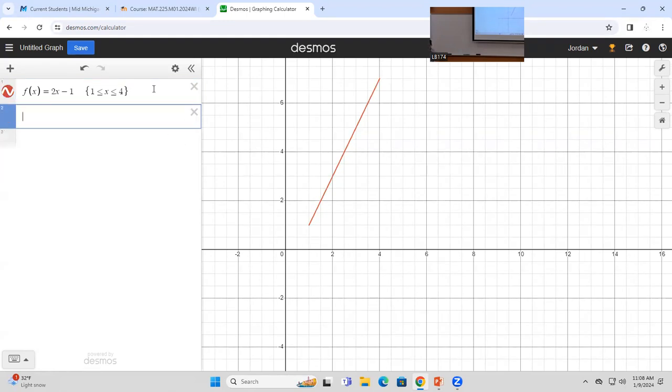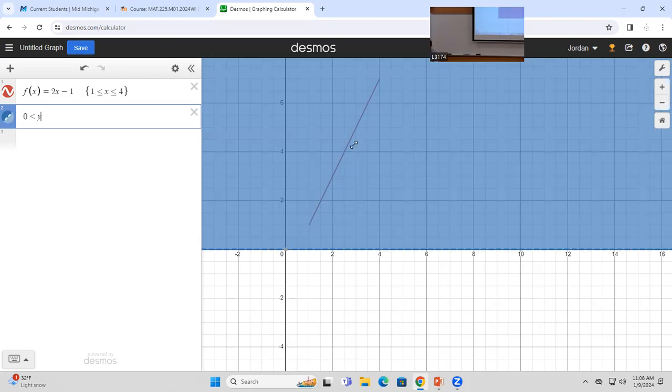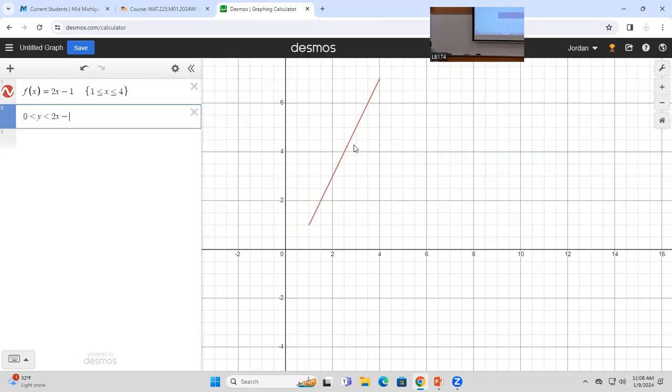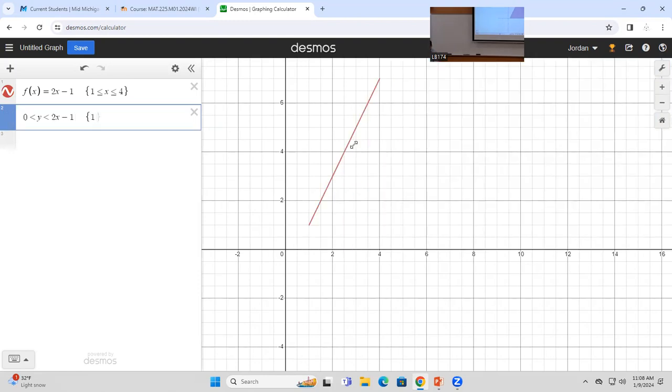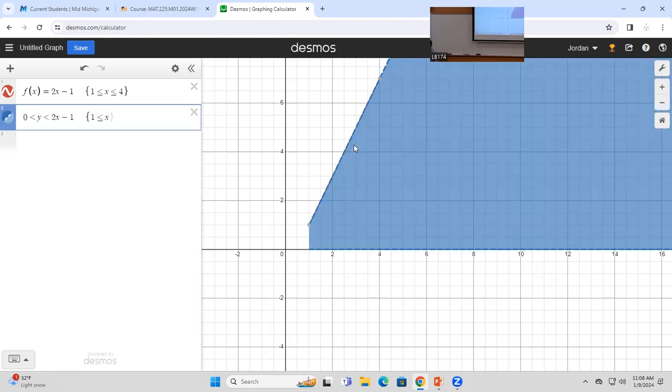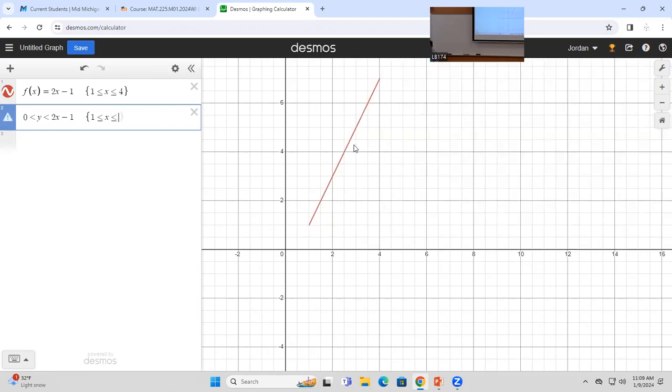Since that's above the x-axis, it's going to be this area. Are you okay with that?